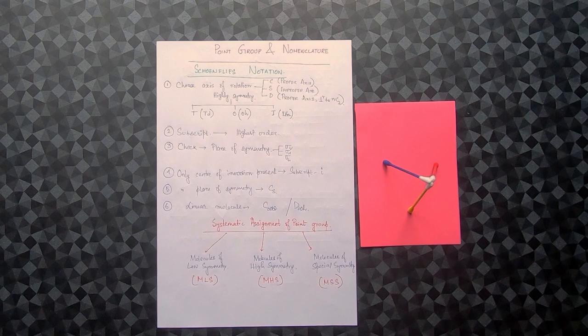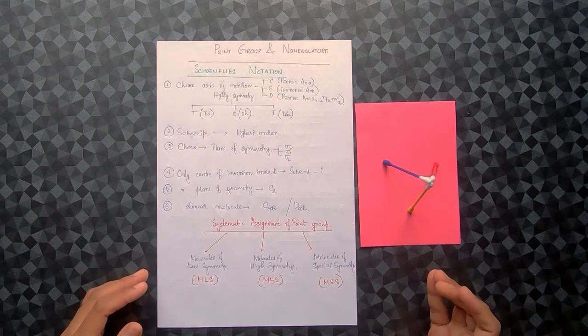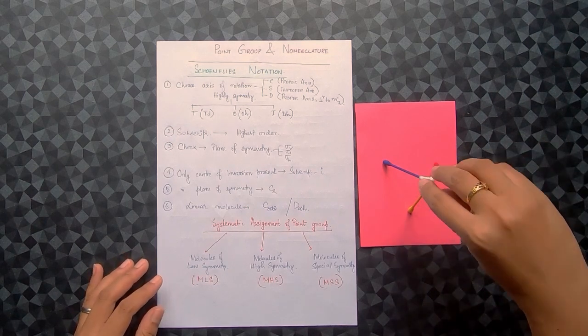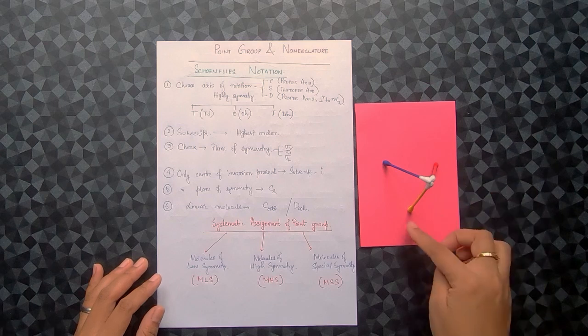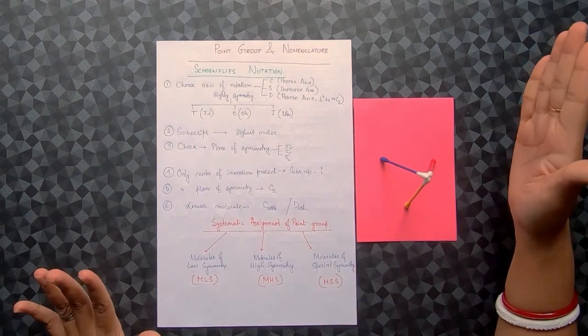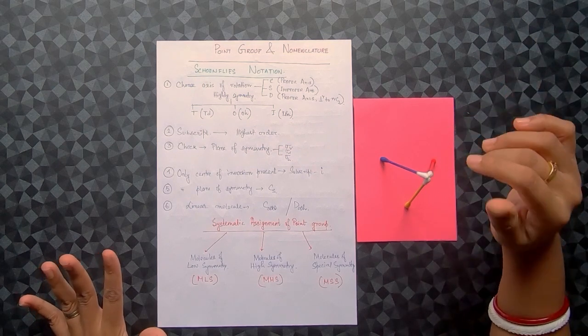So we all know that ammonia is pyramidal in nature, trigonal pyramidal. So here it is nitrogen. These are 3 hydrogens. Now, what is the proper axis of symmetry in a pyramidal molecule?